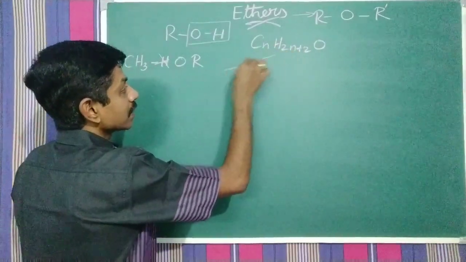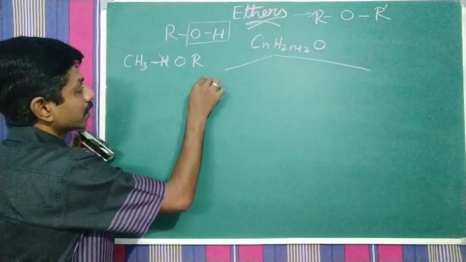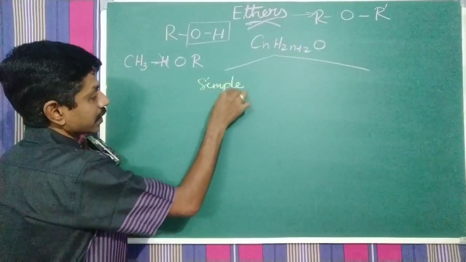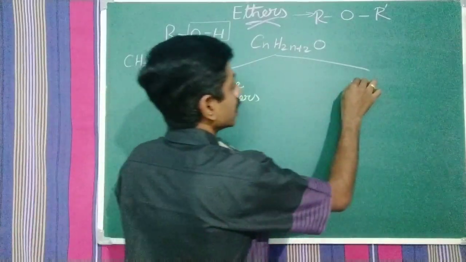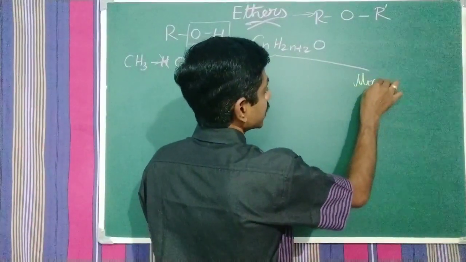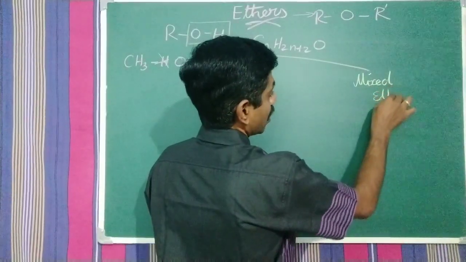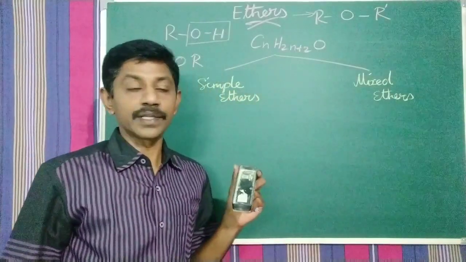Ethers are broadly classified into two types: simple ethers, which have another name, symmetrical ethers, and the other one, mixed ethers or unsymmetrical ethers. I hope from the names themselves you can derive the meaning of these two terms.